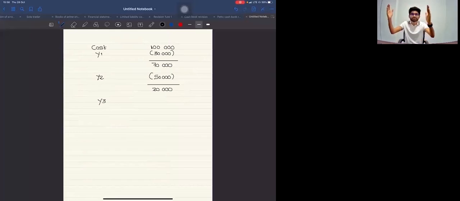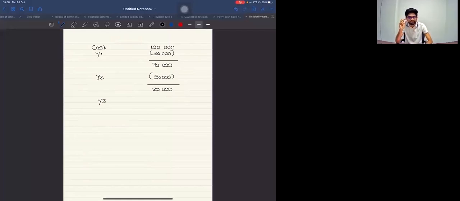If you are getting 40,000 for 1 year, to get 20,000, you need only 6 months. 20,000 for the first 6 months, 20,000 for the second 6 months. In total, you will get 40,000.